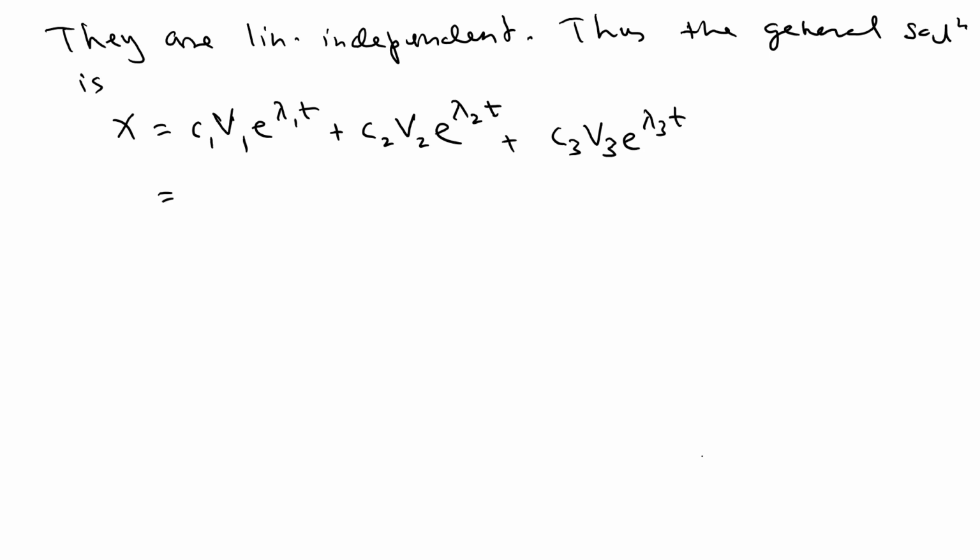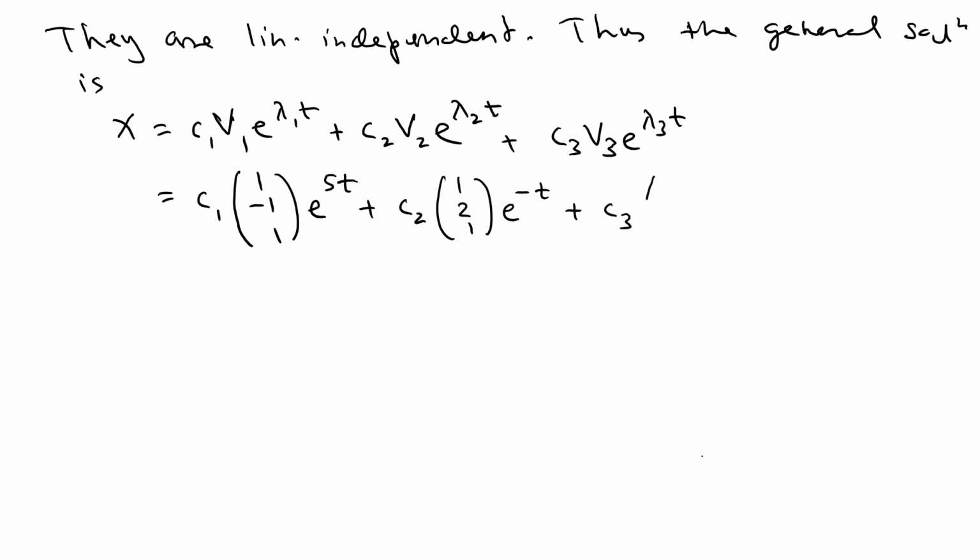So this equals c1 times the first eigenvector 1, -1, 1, e to the corresponding eigenvalue 5t, plus c2 times the eigenvector 1, 2, 1, e to the -t, plus c3 times the eigenvector 1, -1, -2, e to the -t, where c1, c2 and c3 are constants.